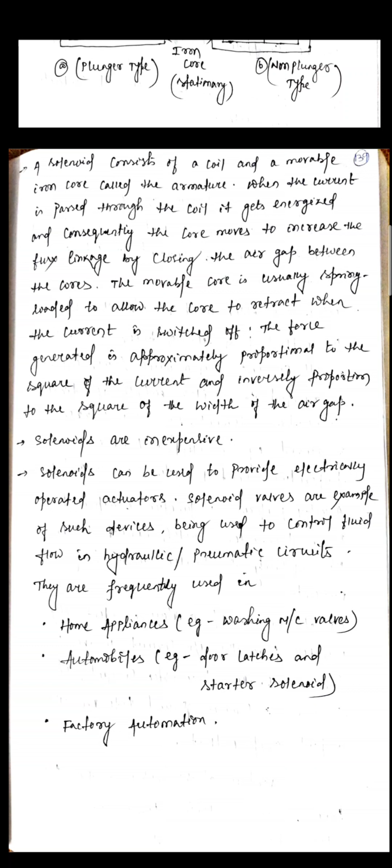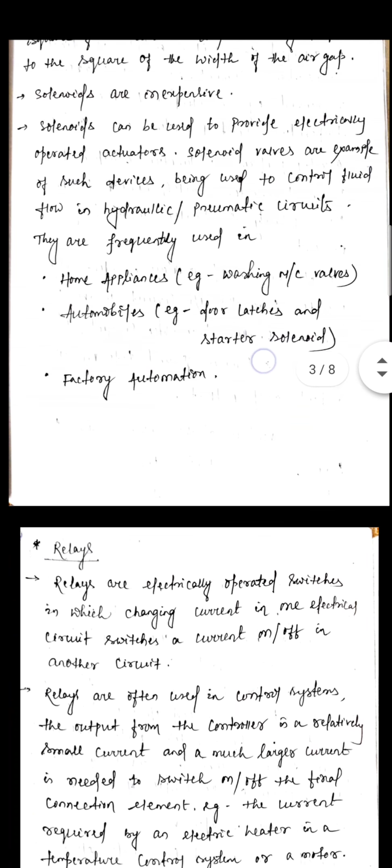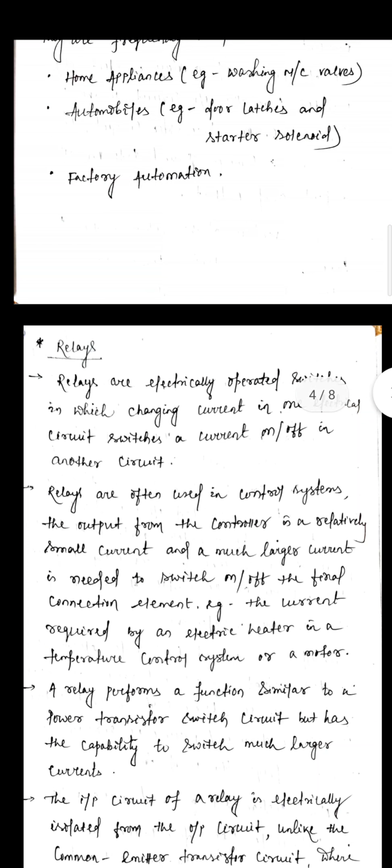Solenoid valves are examples of such devices, used to control fluid flow in hydraulic or pneumatic circuits. They are frequently used in washing machines, valves, automobiles, that is door latches and starter solenoids, and in factory automation. Clear? So let's move to the relays.